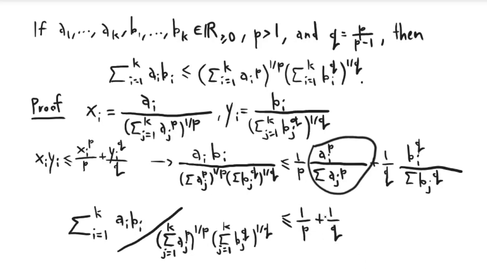Okay, but p is the Holder conjugate of q, so 1 over p plus 1 over q is equal to 1. And now if we multiply both sides of this expression by the sums on the bottom, then we get the desired inequality. And that's it.